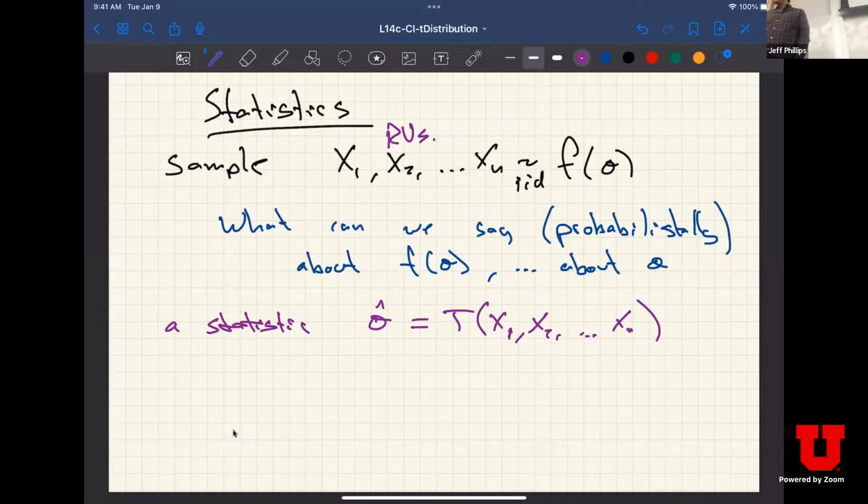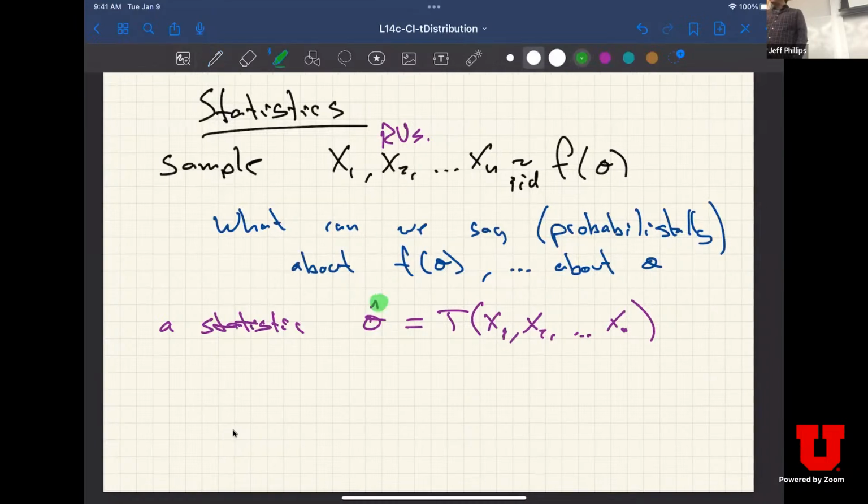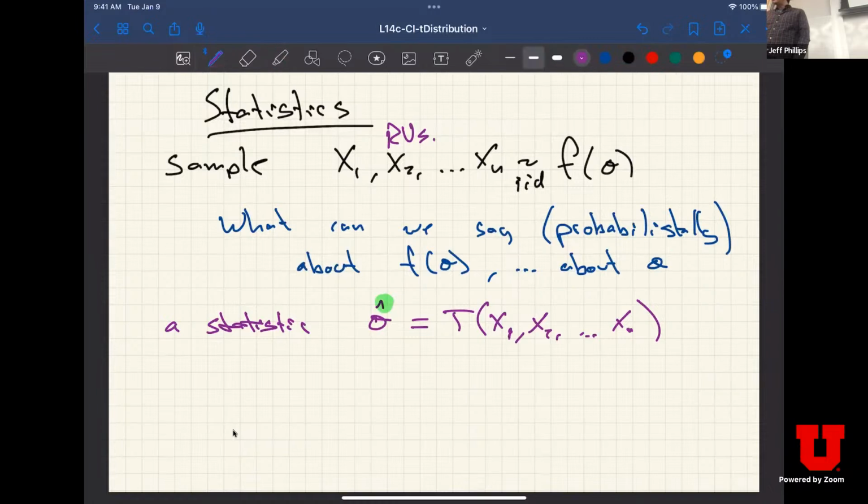Okay, so we're going to create some statistic. Usually you put a hat on top here, so this hat means that this is going to be an estimator of theta. Theta is a real value, a constant.